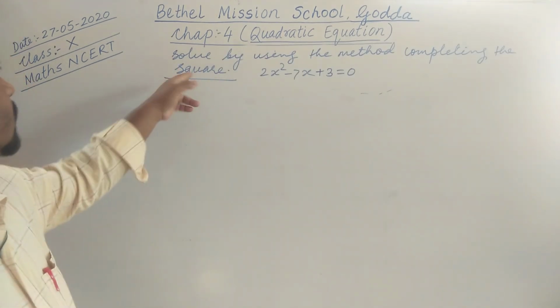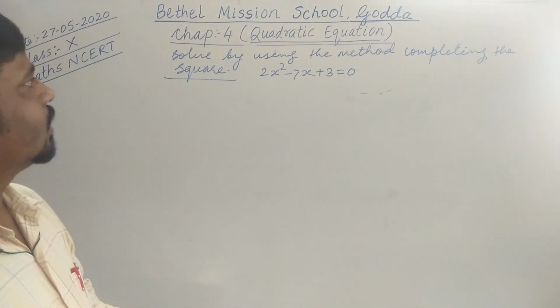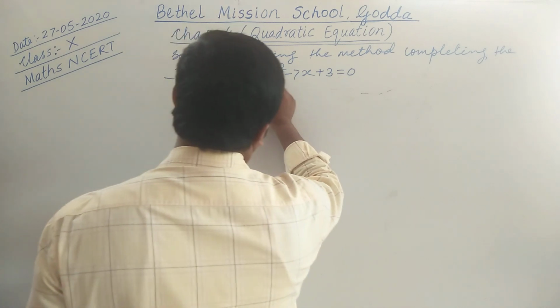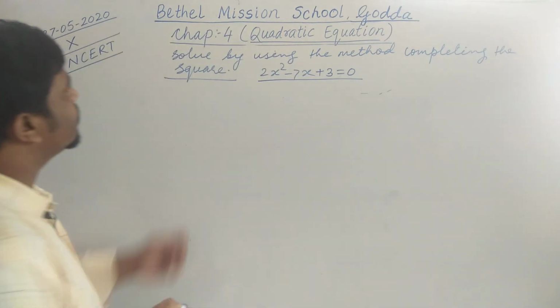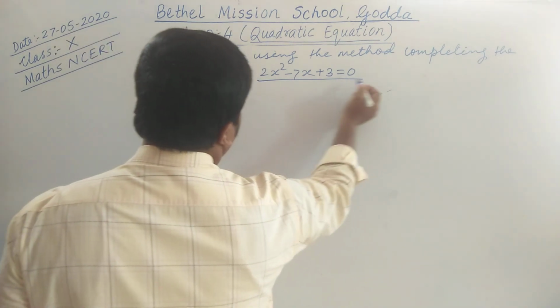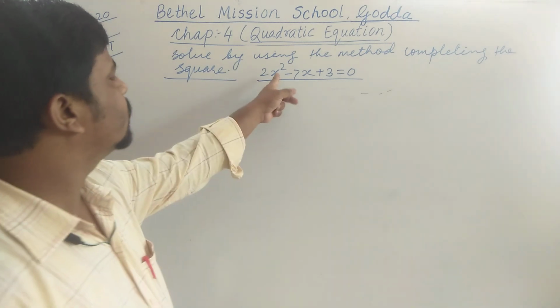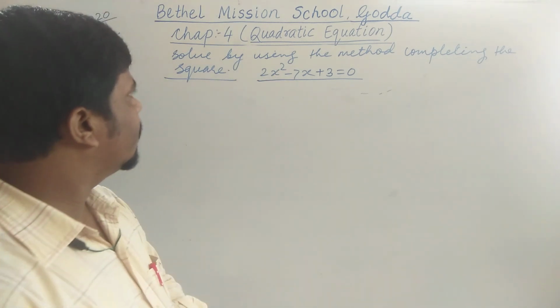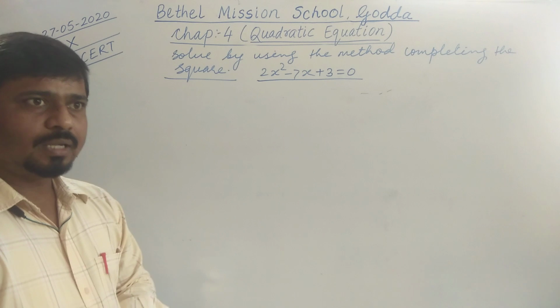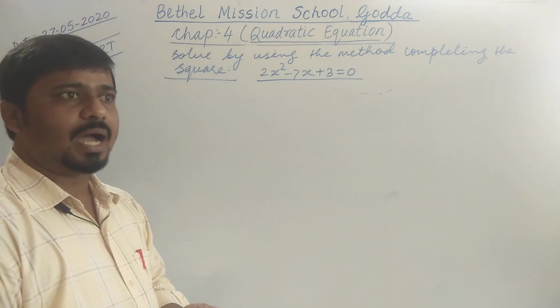Let's see another question: solve by using the method of completing the square. For completing the square, I told you to remember two steps only. First, we have to remove the coefficient of x², and second, we add to both sides the square of half of the coefficient of x.